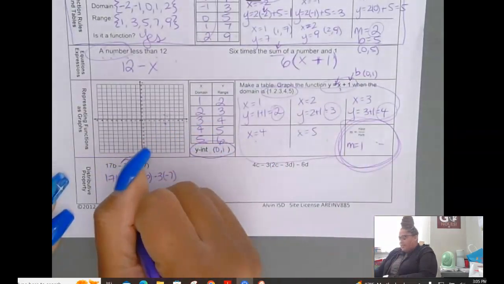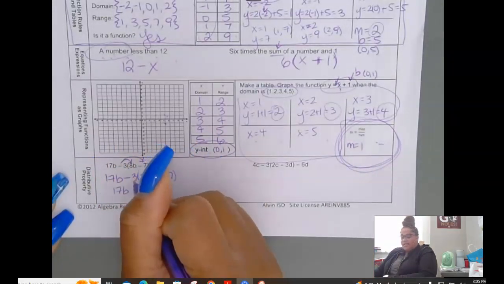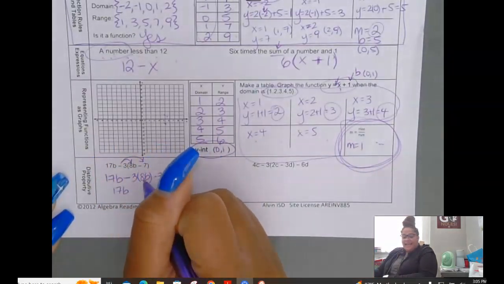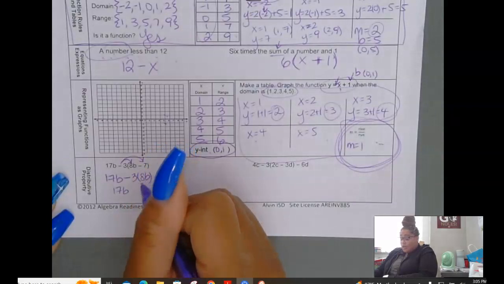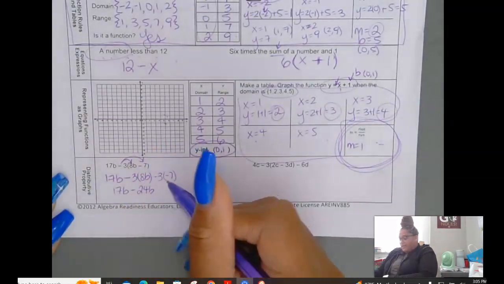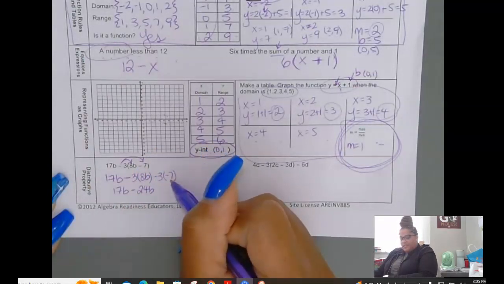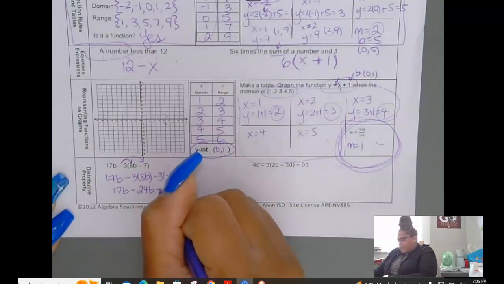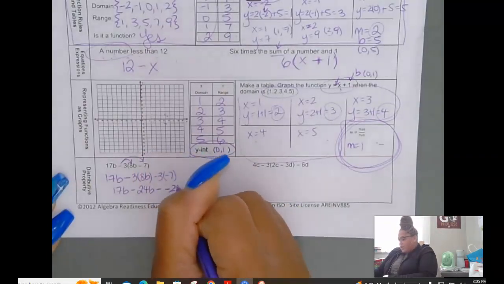This becomes 17b, and this 3 gets multiplied by this 8, which becomes a 24b, minus 24b. And then this 3 gets multiplied by this negative 7, which becomes a negative 21. So this is minus negative 21.